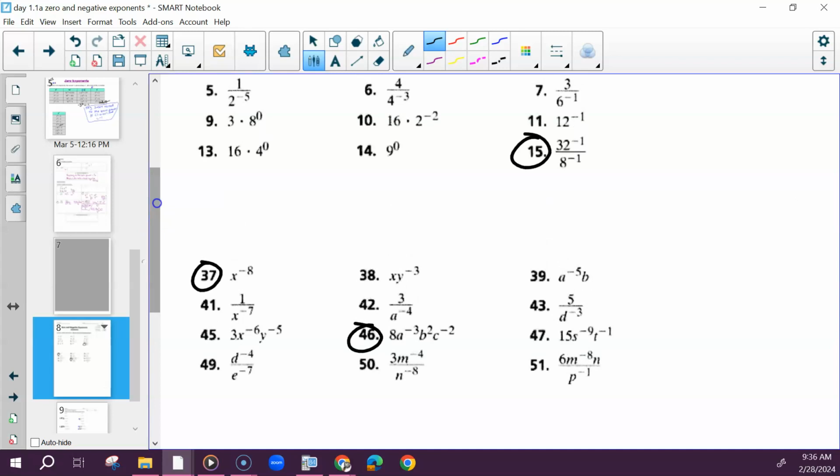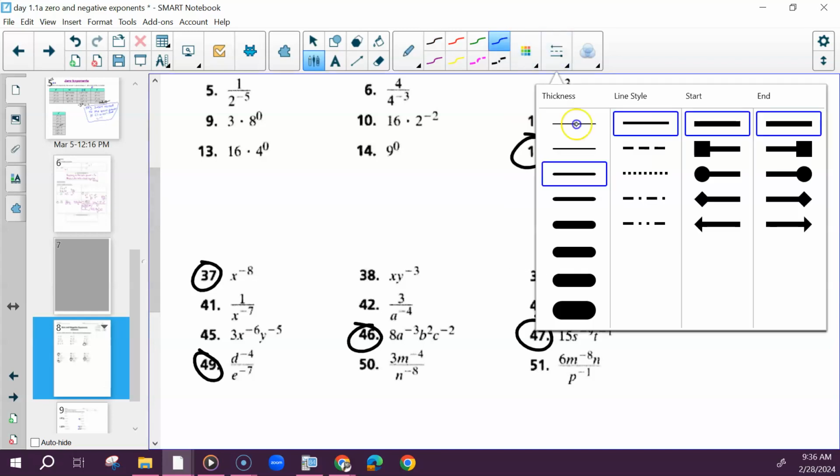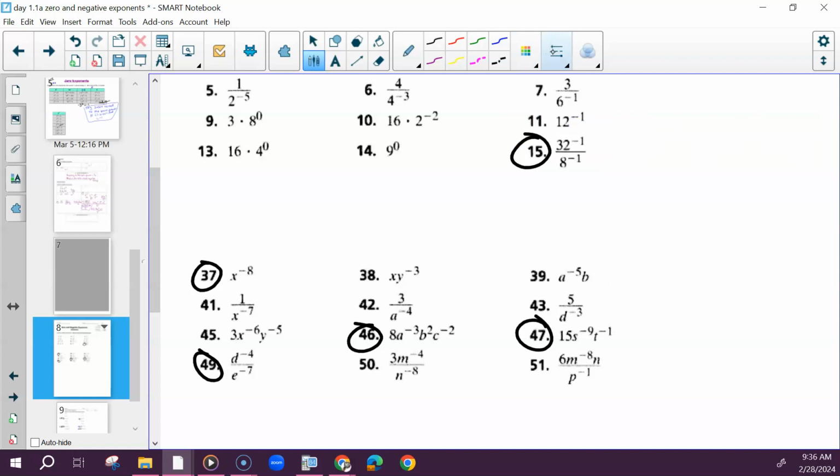All right. 47. 49. All right, we'll do those. If we have any others, we can see those.